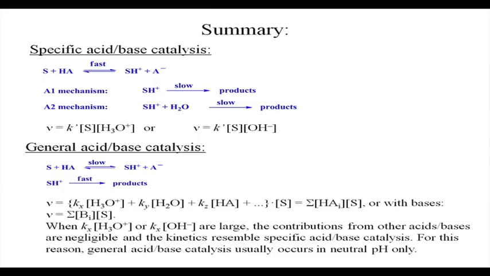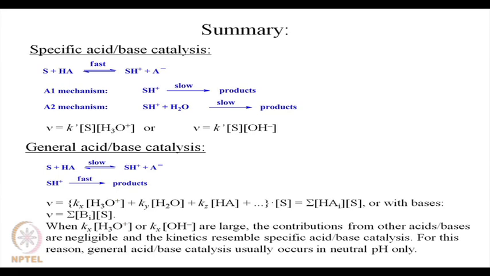Good morning, everybody. Today we will continue with specific acid base catalysis, general acid base catalysis and metal ion catalysis. In our last lecture we talked about specific acid base catalysis.